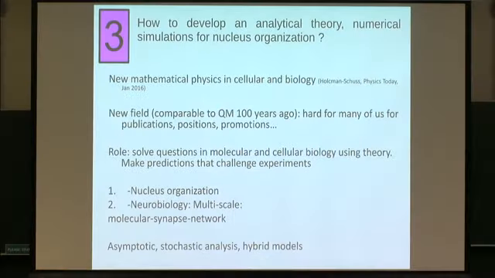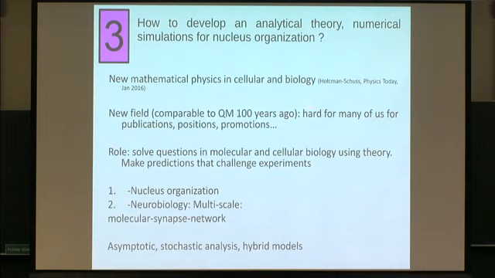So before giving these two directions, I would like just to go with you through some ideas that we have looked at. First of all, we think, and this is the importance of this community that is represented here, that it's a time for some kind of new mathematical physics in cellular biology, and we made the case for this.